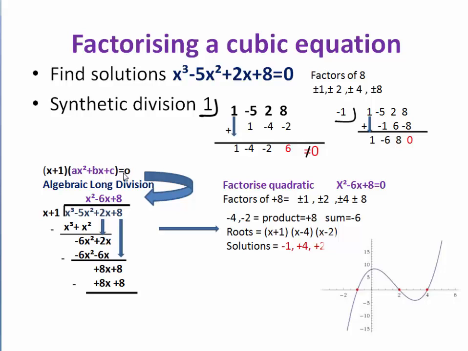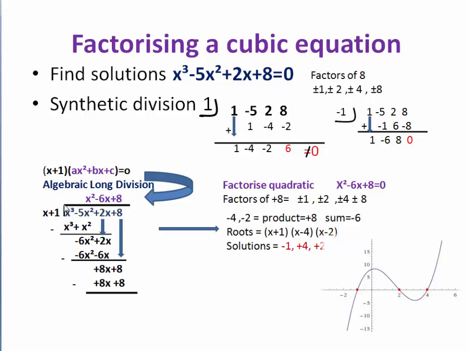When we multiply this by our quadratic equation, here we have the standard form of the quadratic equation, then we get our cubic equation. So we need to find this quadratic equation. So how do we do that? We do that by algebraic long division.